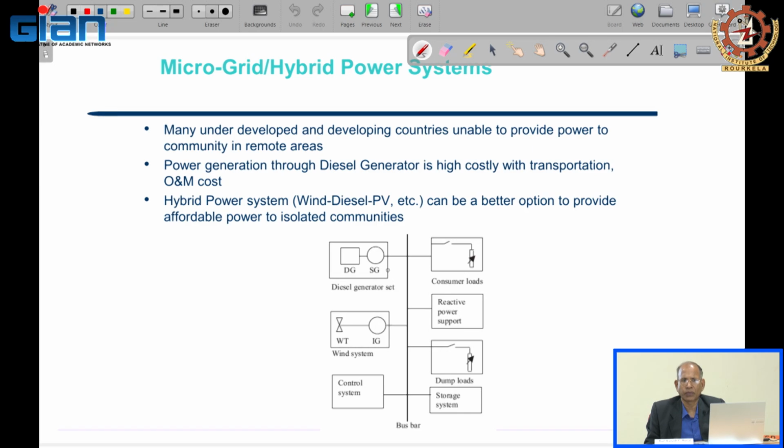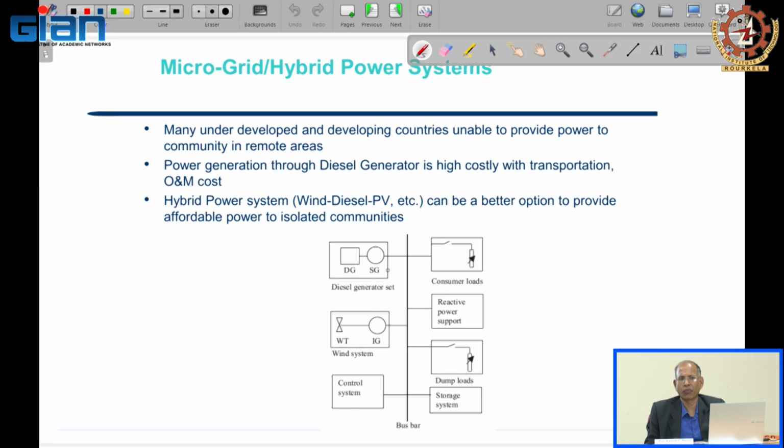If, for example, your generation is more than the demand, then you may need to have some kind of dump load, because you have to match the real power generation with the demand. So excess real power generation, how do you consume it to maintain the frequency balance? You will have a kind of dump load. Dump, as the name indicates, is just like dumping, like wasting.